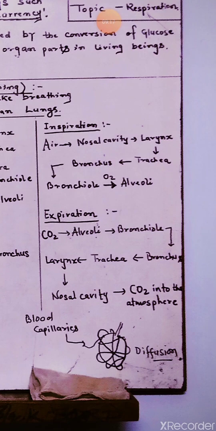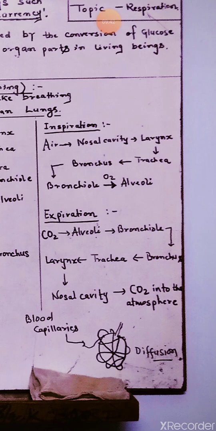The path of inspiration is shown here in the form of an equation: air passes to the nasal cavity, then to the larynx, then to the trachea, then to the bronchus, then bronchioles, and ultimately O2 is stored in the alveoli. Whereas expiration, what is expiration?